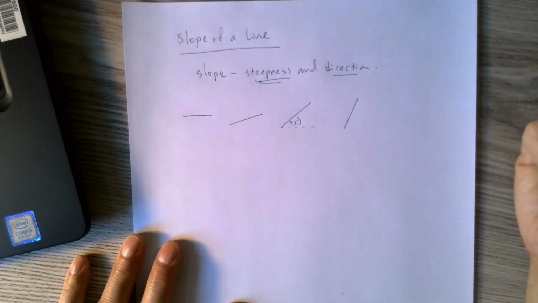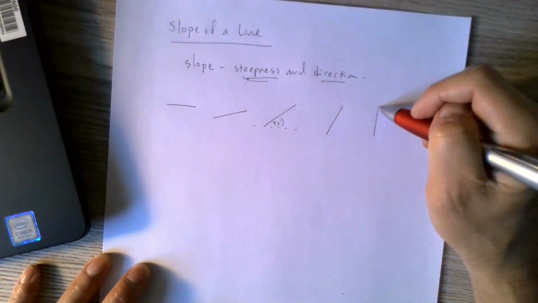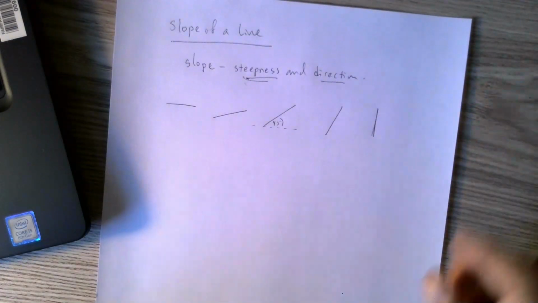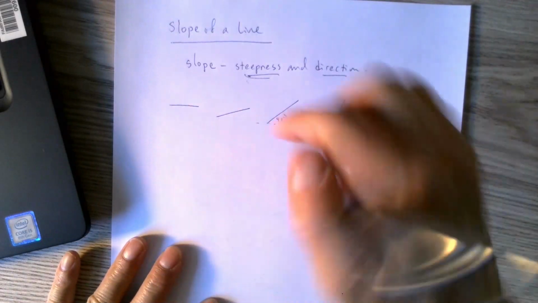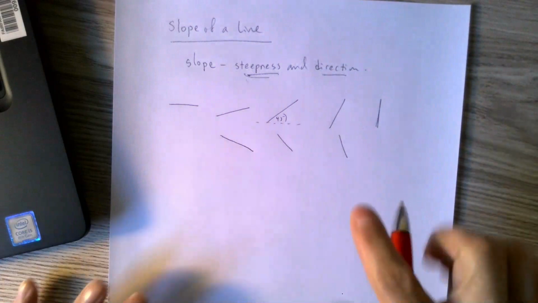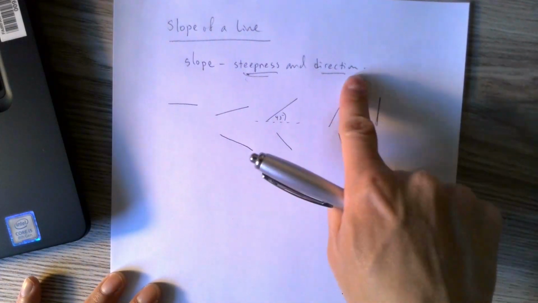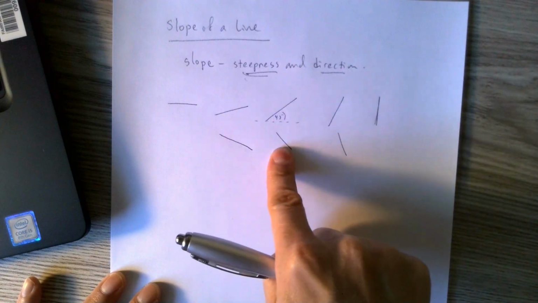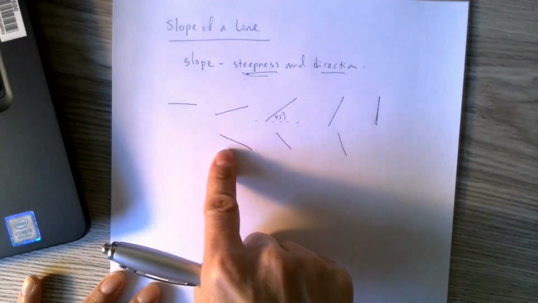And then some lines are very steep, and then some lines are vertical, which is the ultimate in steepness, right? And then you have lines that are mirror images of these three, like this, this, and this. These two have the same steepness, but they're going in different directions. These two have the same steepness, different direction, and these two have the same steepness, but different direction.